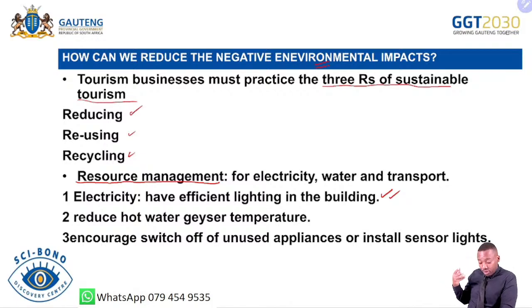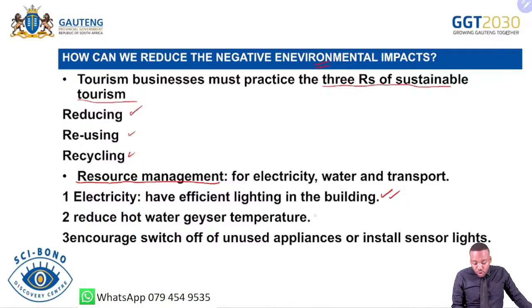Remember, now we're moving to technology. Then after a few minutes, when there's no movement, the lights will go off. In that way, this will be another way to reduce your costs in terms of paying more electricity, but above all, it is all about reducing our negative effects on the environment.